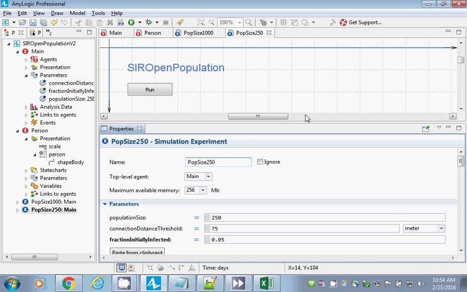So for this given experiment that's selected now, population size 250, it says to main, essentially, you're going to use 250 people for your population size, 75 for your connection distance threshold, and 0.05 for your fraction initially infected. Now, some of those happen to differ from the baseline values, as highlighted, and others not. But fundamentally, it's telling it to run with these parameters.